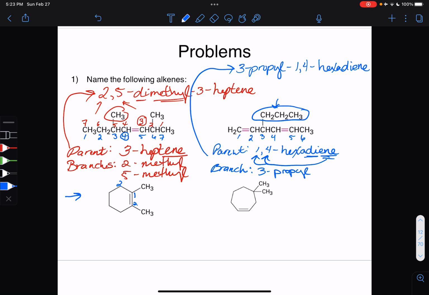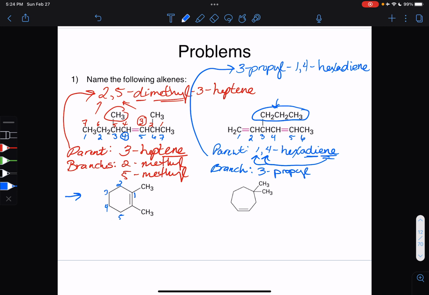So between 1 and 2 or 2 and 3. It can't be between 1 and 6. If we were to number counterclockwise, what you would see is that double bond is between carbons 1 and 6, and that is a big fat no-no. You will get a big unhappy face on your paper if you do that in Professor Gray's class.